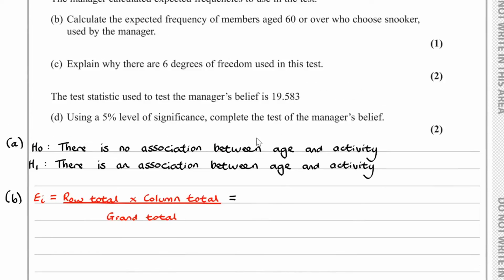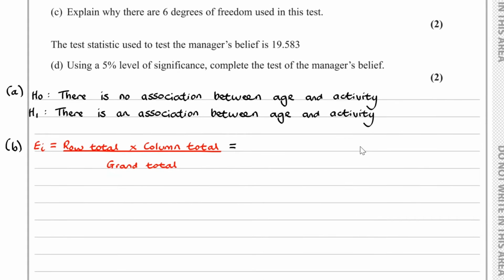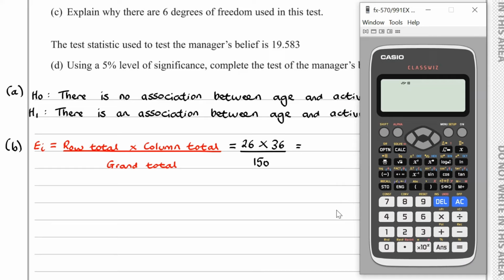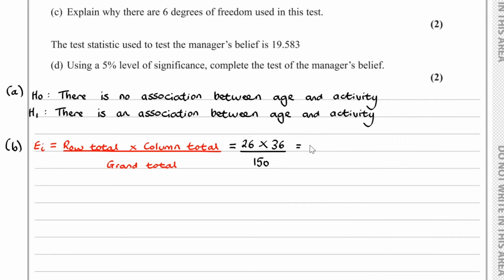So we have our row total, 26, times our column total, 36, and we divide this by 150. If we work this value out, 26 times 36 divided by 150, we end up with 6.24.